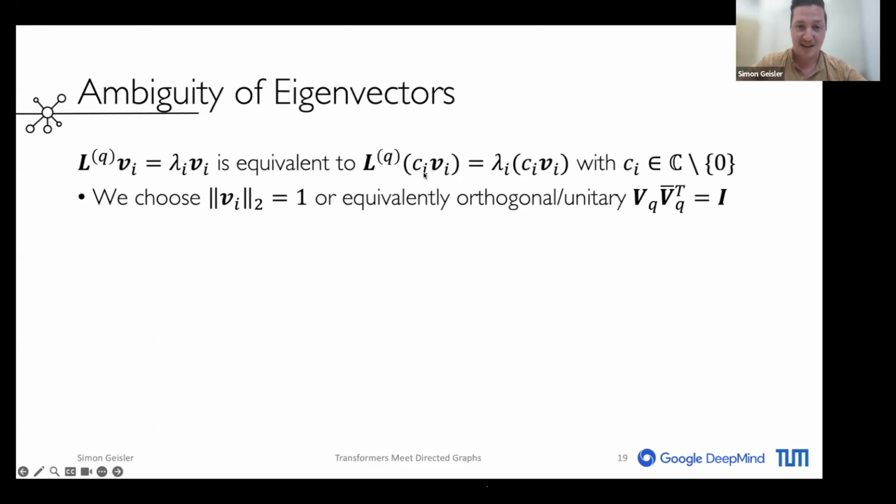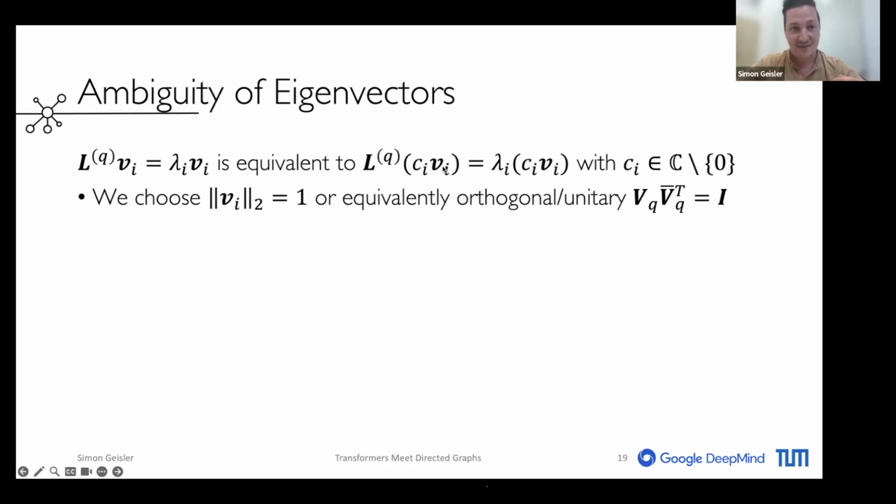Here I just multiply this eigenvector with some constant ci, which is a complex number except 0. And for this, this equality obviously also holds. I've already rearranged it to make the main point that this is scaling the eigenvector or rotating the eigenvector here. Of course, we have the very same thing for real eigenvalues. This is nothing specific to complex eigenvectors.